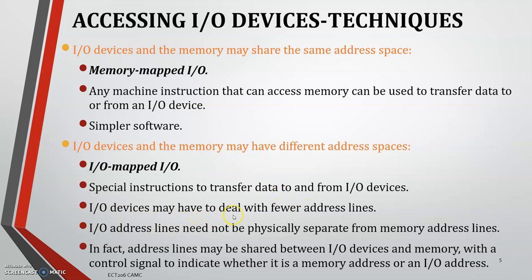The I/O device may have to deal with fewer address lines. So I/O address lines need to be physically separated from the memory address lines. In fact, address lines may be shared between the I/O device and memory, with a control signal to indicate whether it is a memory address or an I/O address.